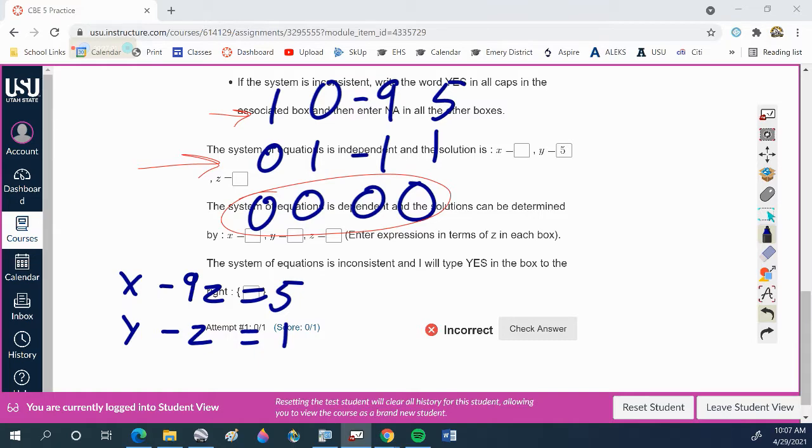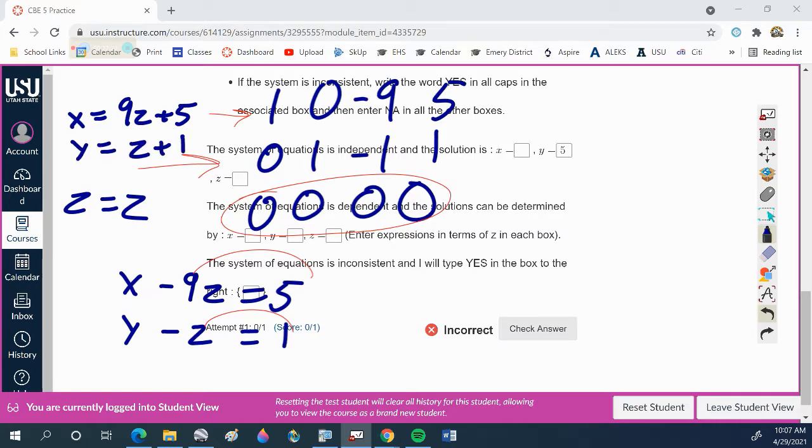So z is equal to z. And then we need to find out what x is in terms of z's and what y is in terms of z's. So I'm just going to move these over. X is 9z plus 5. And y is z plus 1. Give that a shot.